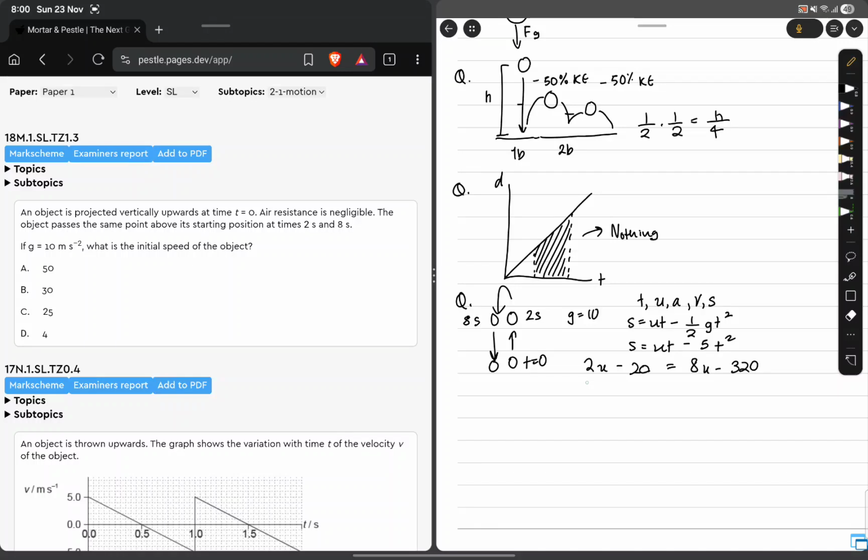And then this is simple algebra. You'll get 6u equals 300, and that means u is 50 meters per second, which is A.